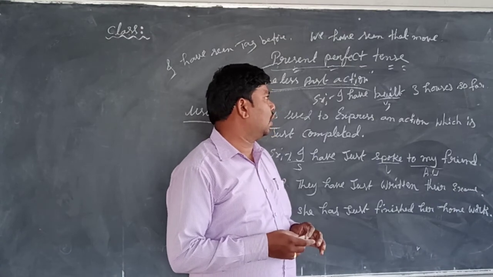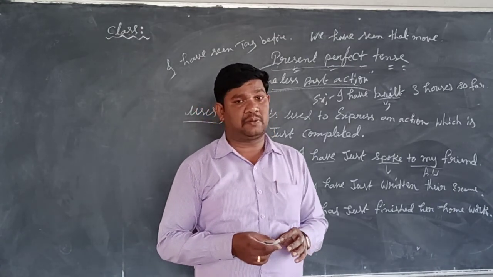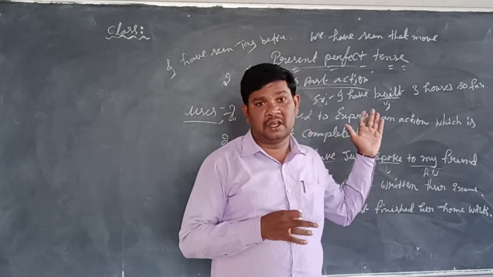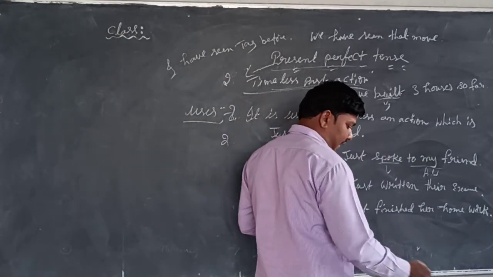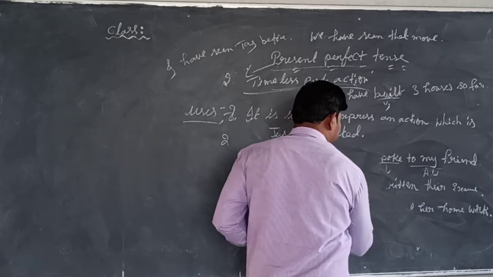And I will tell you the clue words regularly for every tense. I am telling the clue words means those words generally used in present perfect tense. Clue words means common words we use in this tense.